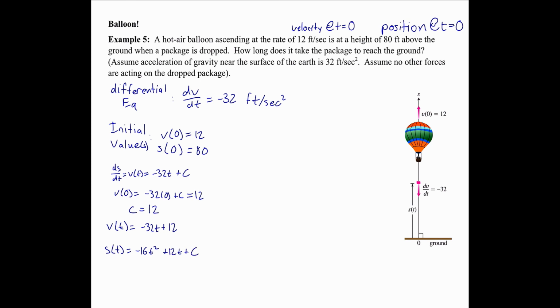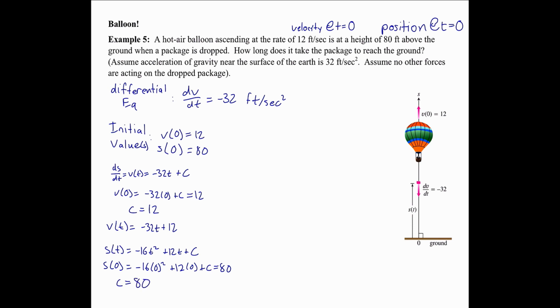And like before, we were given the position at time equals 0. Well, it was negative 16 times 0 squared plus 12 times 0 plus c is equal to 80. Therefore, we find c is equal to 80.